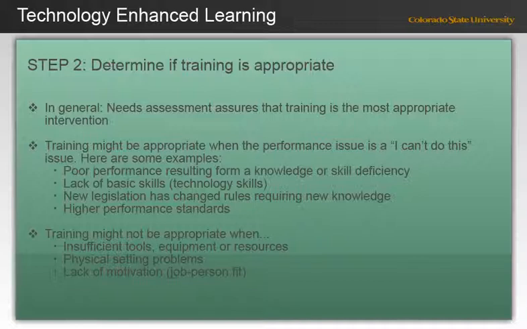There may be new legislation that has come out or new rules that require some additional knowledge. You might have higher performance standards that need to be met. And then training might not be appropriate when individuals don't have sufficient tools, they don't have the equipment or resources they need, or the physical setting isn't appropriate and is causing problems, or there might be just a lack of motivation.